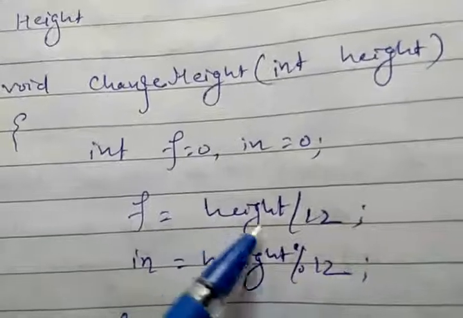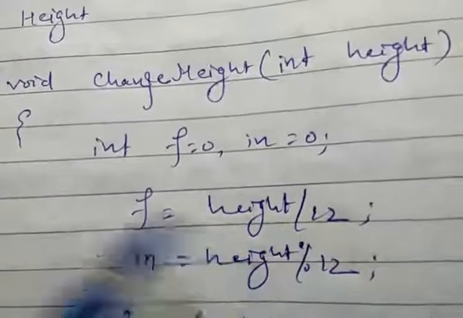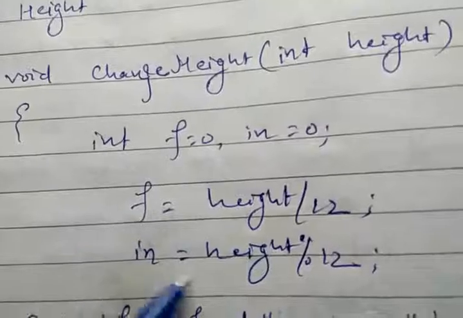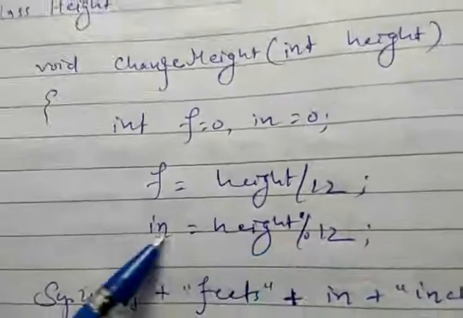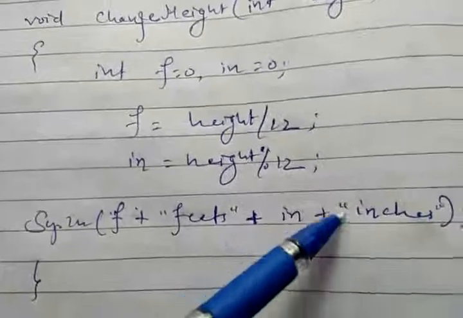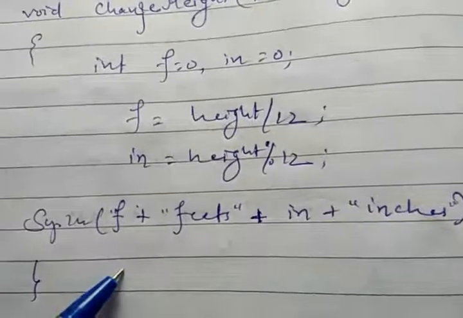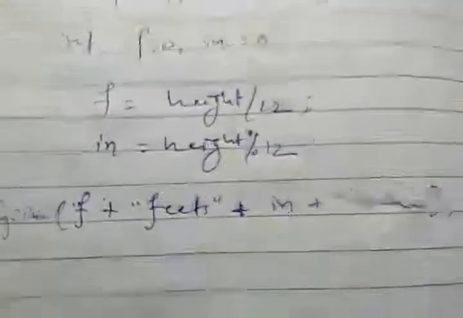The height will be divided by 12, so total feet will be extracted from this and stored in f. When we take the modulus of height by 12, the remaining inches will be stored in in, and here we are printing f feet plus in inches. So this will print the proper message according to the height in feet and inches.